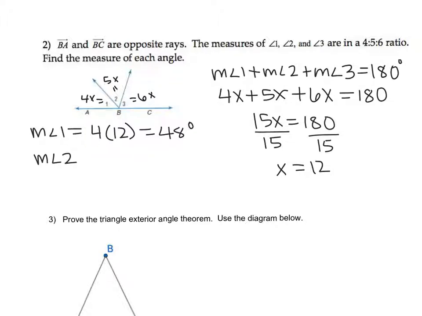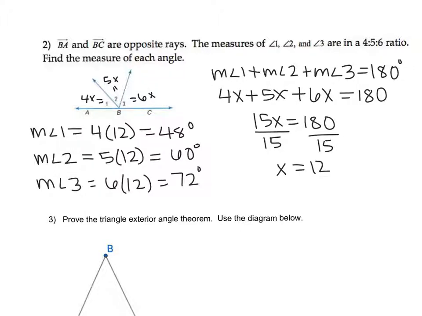The measure of angle 2 equals 5 times x, so 5 times 12, which is 60 degrees. And the measure of angle 3 equals 6 times x, which is 6 times 12, which is 72 degrees.